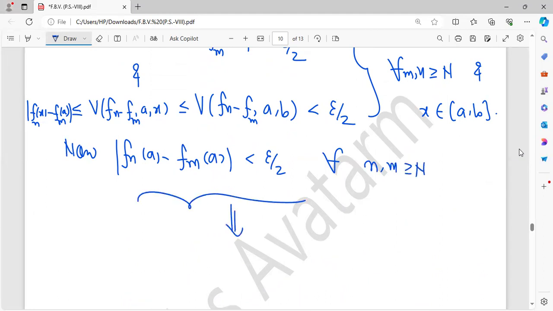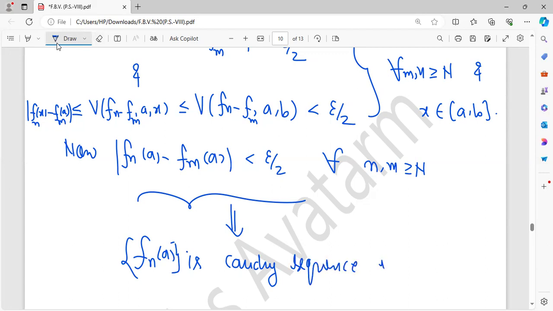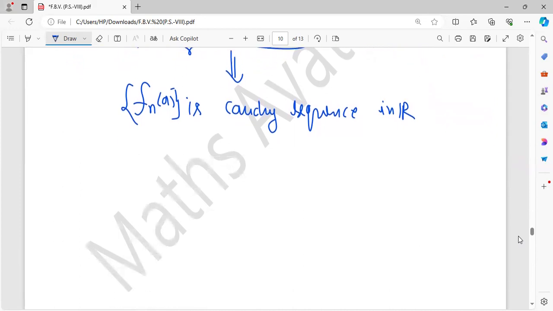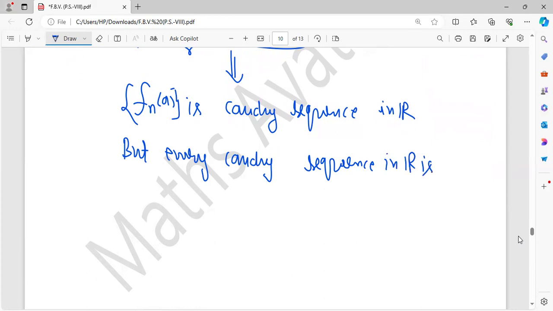It means f_n(a) is a Cauchy sequence in R. Every Cauchy sequence in R converges, so it is convergent.